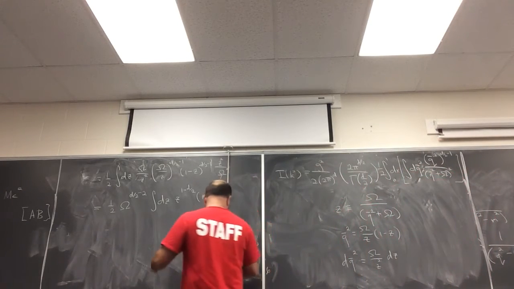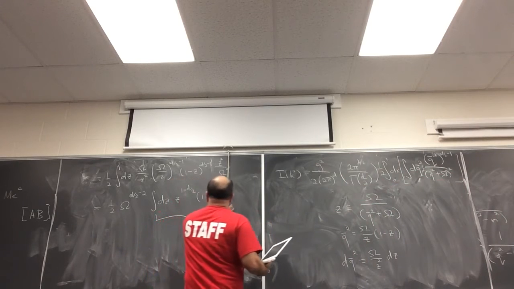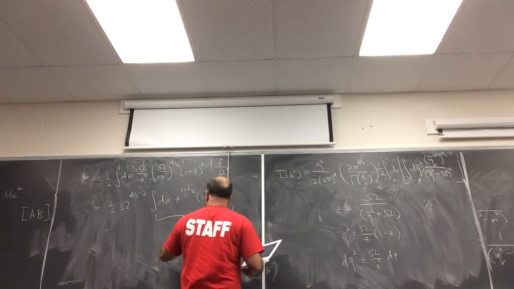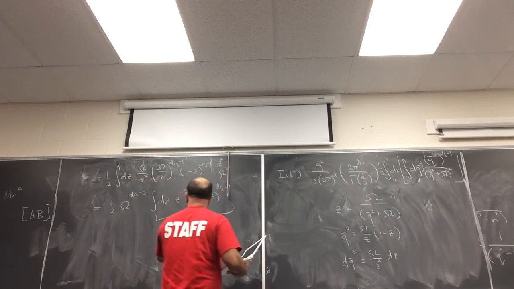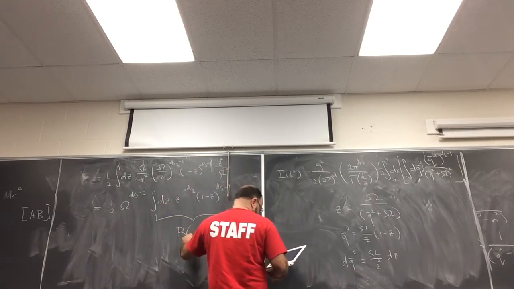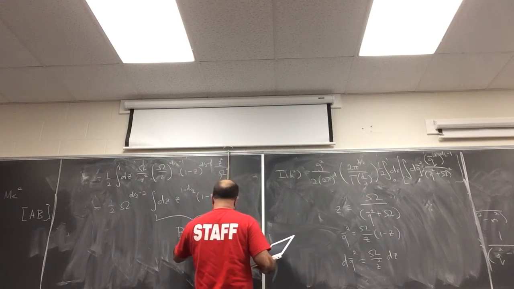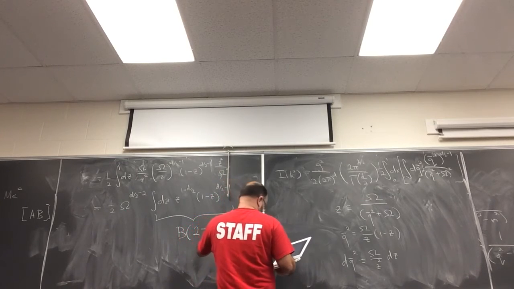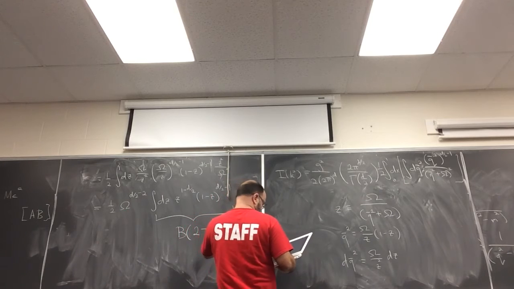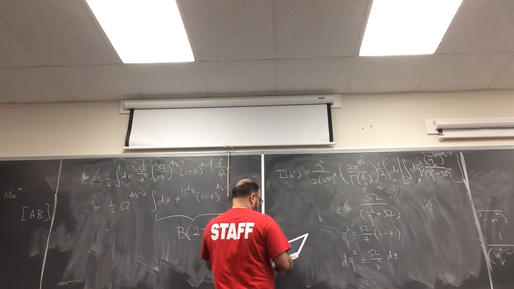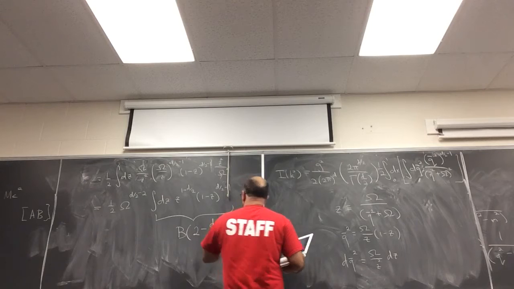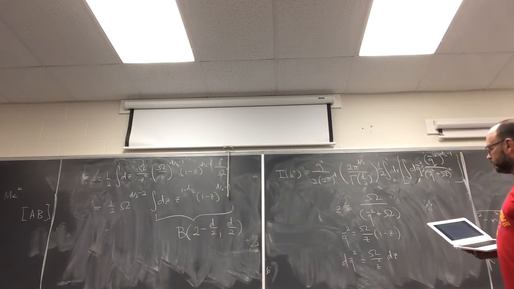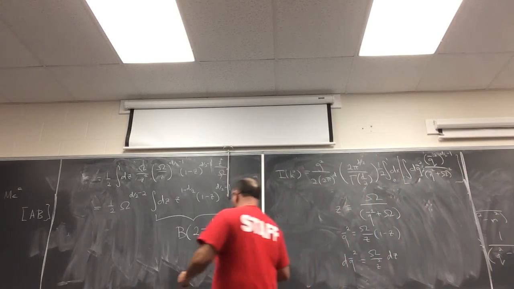So this guy is the beta function. We would call it B, and then the arguments, I don't remember how the arguments go, but this is what I have written, so I'm going to write it. I've got the definition of the beta function.